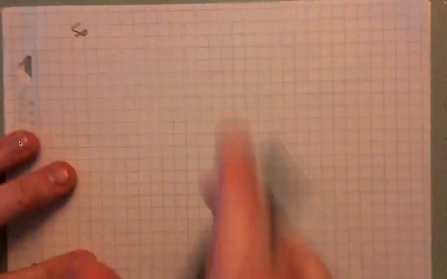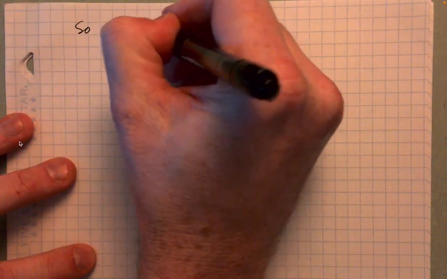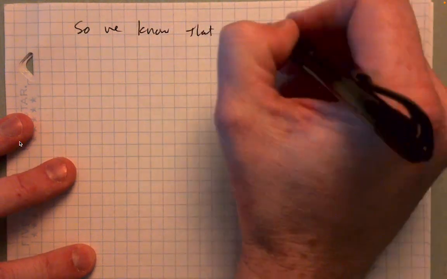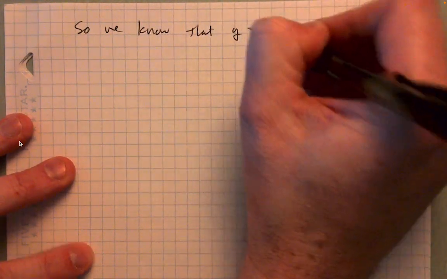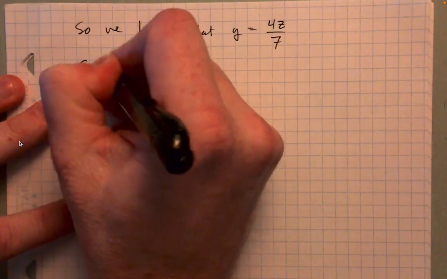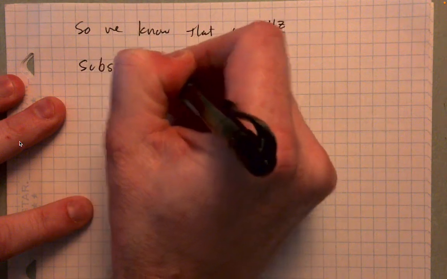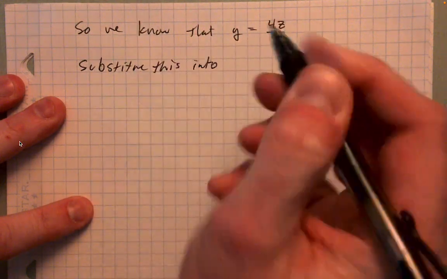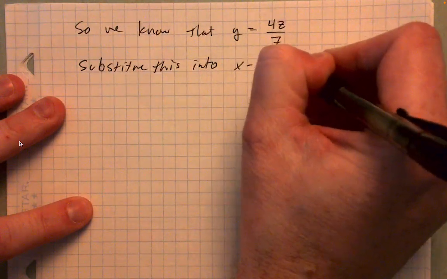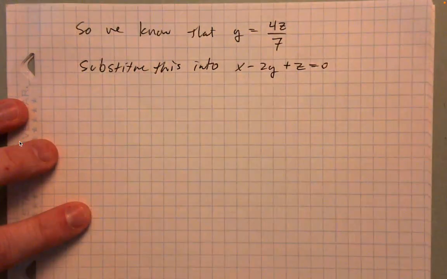Okay, so we know that y equals 4z over 7. So I can substitute this quantity back into one of the other expressions. I'm going to substitute that into x minus 2y plus z equals 0. It's one of the original equations.